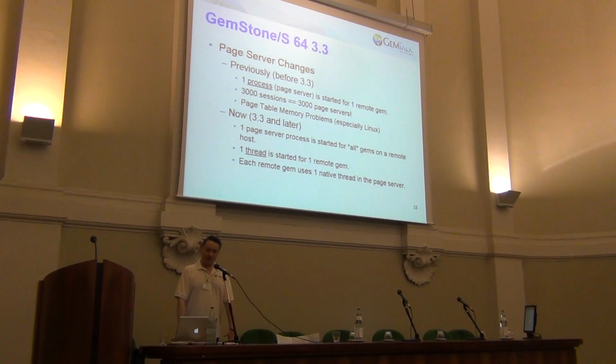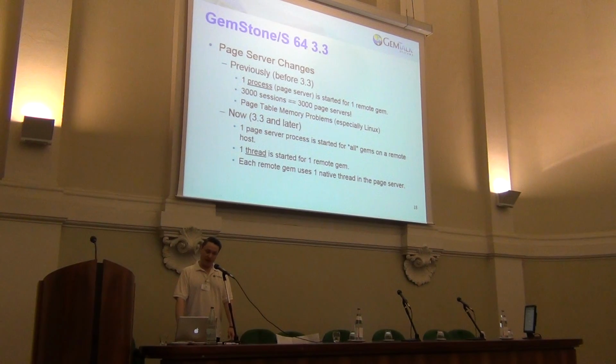We changed the architecture in 3.3 of our page server. Previously, before 3.3, there was one page server process, Unix process, per remote VM or remote gem. So it was a 1-to-1 ratio. So if you had 3,000 VMs, and we have customers that actually want more than that, you had 3,000 page server processes.